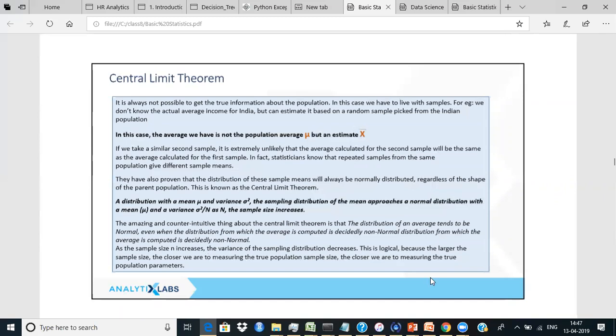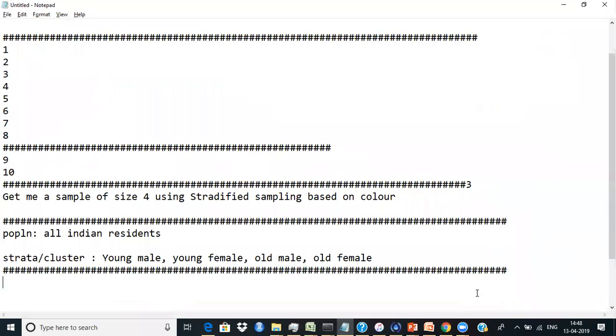Now, we can apply the central limit theorem to get confidence intervals on the population mean, right? So outliers will always be there, right?